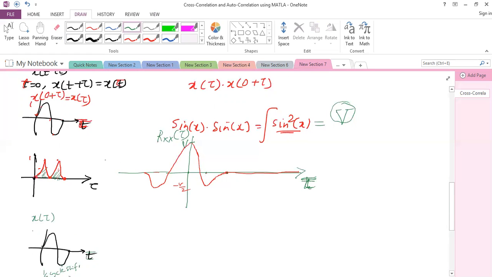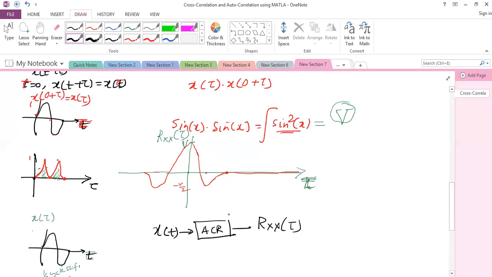If we have some signal for which we don't know the frequency, we have some signal x of t, we can take the autocorrelation, and we will have Rxx of tau.